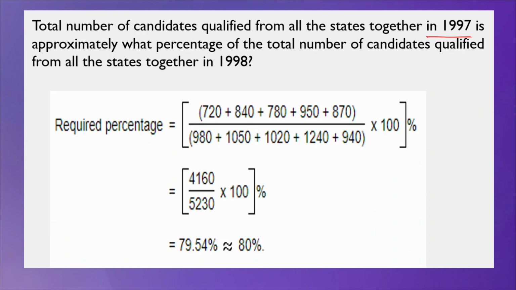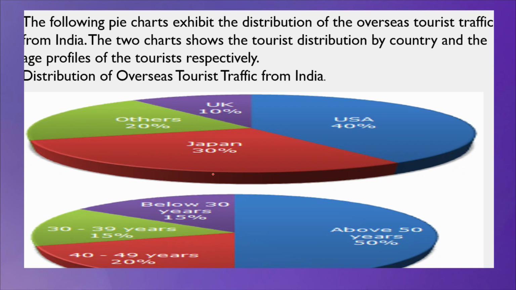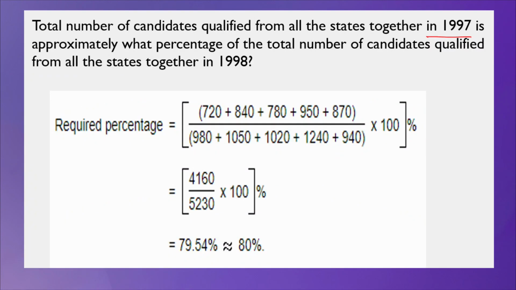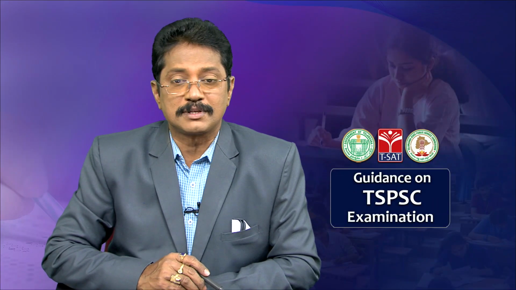So, 720 plus 840 plus 780 plus 950 plus 870 by 980 plus 1050 plus 1020 plus 1240 plus 940, into 100, because to find a percentage you simply multiply by 100. When you add the first, you will get 4160, and the second gives 5230. So, multiplying with 100 converts the value into a percentage.